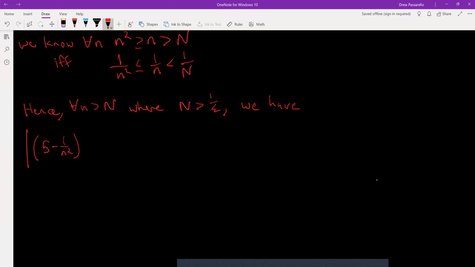That's our a_n, and then minus A, which is 5. So that's equal to, and the 5s subtract out, so you just have negative 1 over n squared, which taking the absolute value, is 1 over n squared.